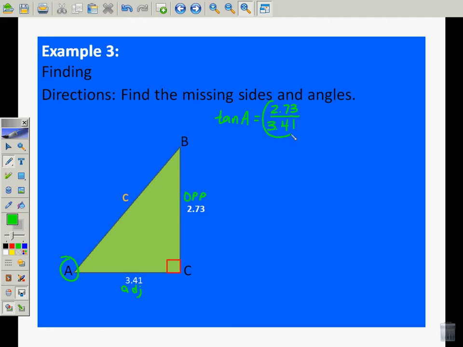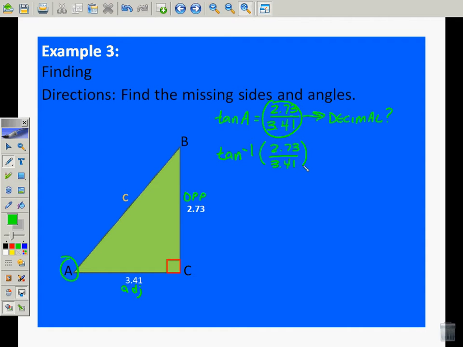Okay? So when that's a decimal, what do we do? Well, we have the tangent, so we want to use inverse trig ratios, inverse tangent of our decimal. And I'm going to keep it precise by plugging in the actual values here.